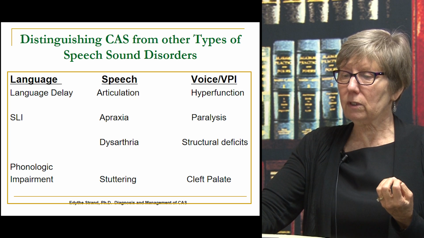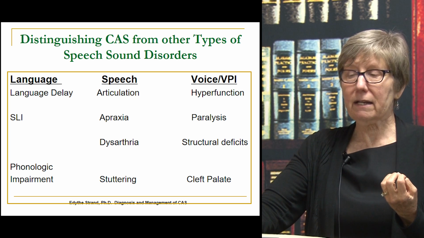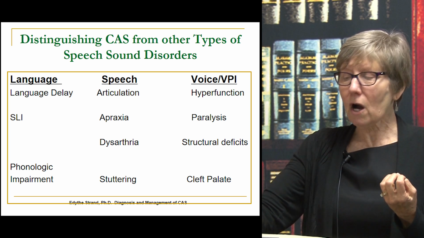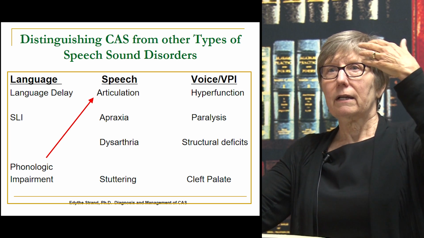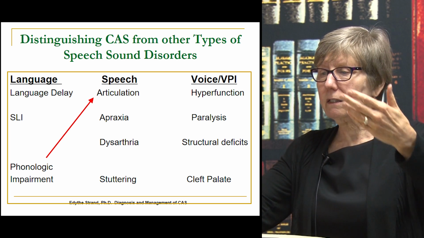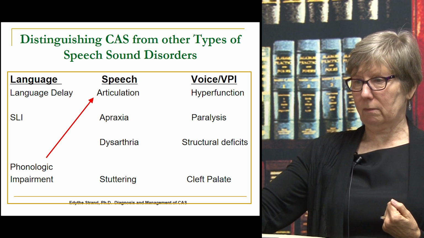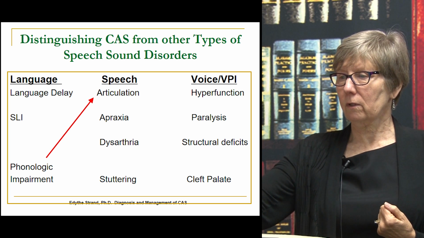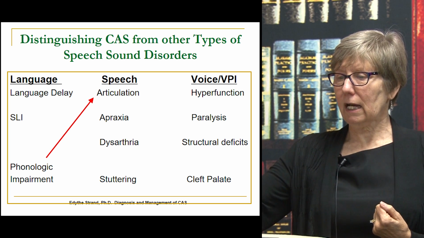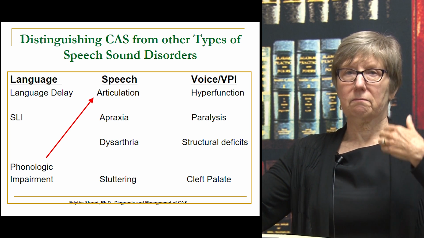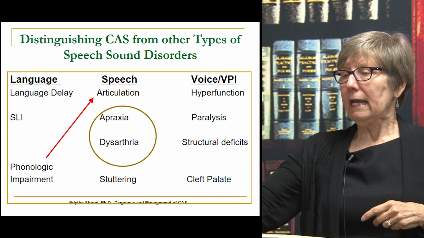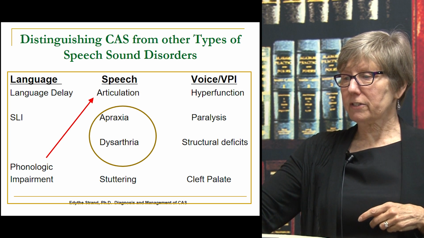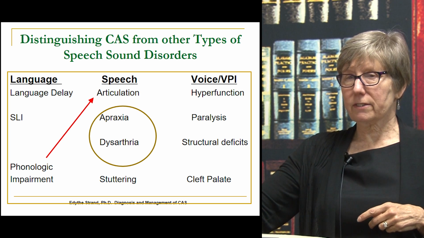So you have this phonologic impairment under language. However, we know that phonologic impairment is characterized, or we hear it, as an articulation problem. If you look at that arrow, we see that phonologic impairment is represented by an articulation problem. If we look under the speech, under articulation, we see apraxia and dysarthria.